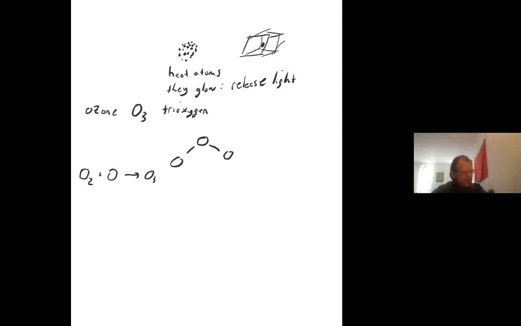Ozone can actually take ultraviolet rays that come from the sun, solar ultraviolet radiation, we call it. And what happens is it absorbs that radiation and breaks up into O2 plus O. So it's absorbing the energy of that ultraviolet light.